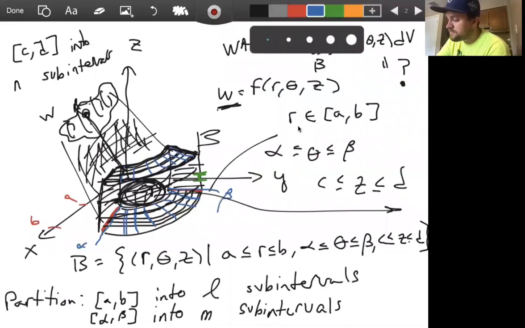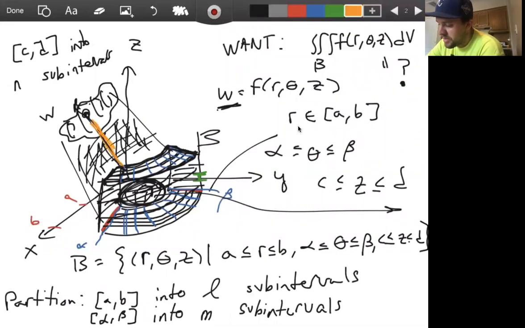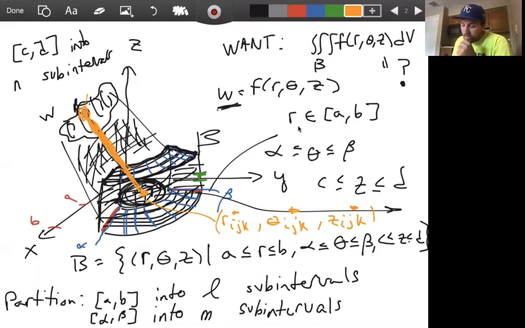Maybe if I use yellow here, if we pick some sample point, this r_ijk star, theta_ijk star, and then z_ijk star, well, then this height here will give us the volume, or an approximation of the volume of the solid over this mini ijk box here, right?